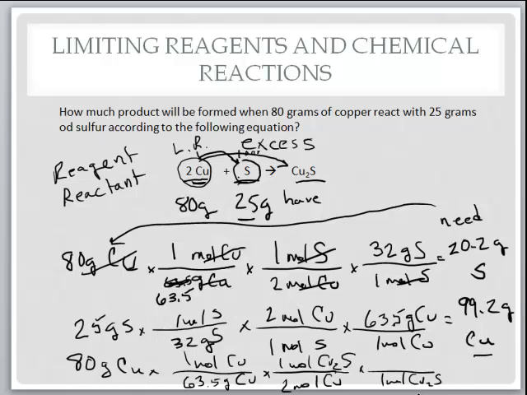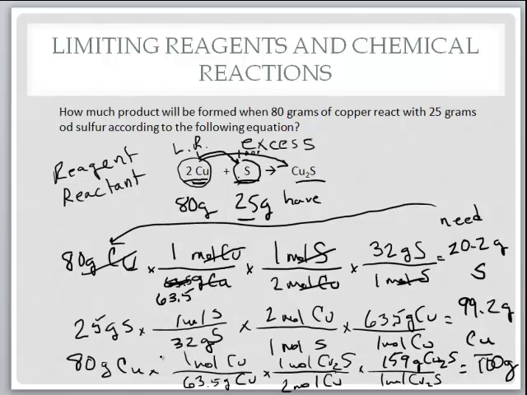Let's add up its molar mass, 63.54 times 2 plus 32, 159 grams of copper 1 sulfide. Do the math, 80 divided by 63.5 divided by 2 times 159. So we would have 100 grams of our product.